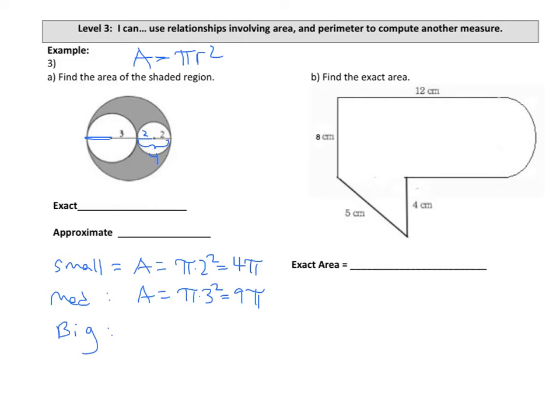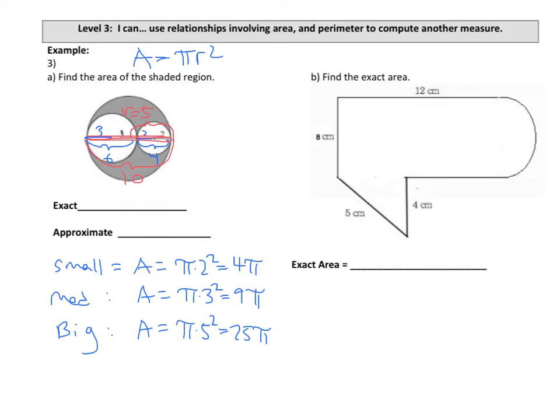And the medium circle has a radius of 3, so its diameter is 6, which means all the way across the big circle would be a diameter of 10, giving the big circle a radius of 5. So for the big circle, the radius is 5. I do pi times 5 squared, and we get 25 pi.